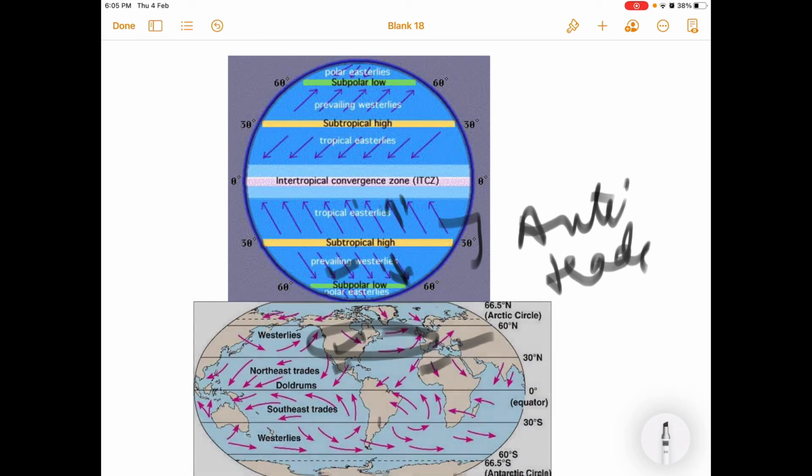But in the southern hemisphere, because of the absence of land masses, more of the water bodies are there, so there is no obstruction. So that is why the speed of the wind is very high, and in 40 degree to 50 degree south latitude the speed of the wind is very high, and they have given the names roaring 40s and furious 50s.